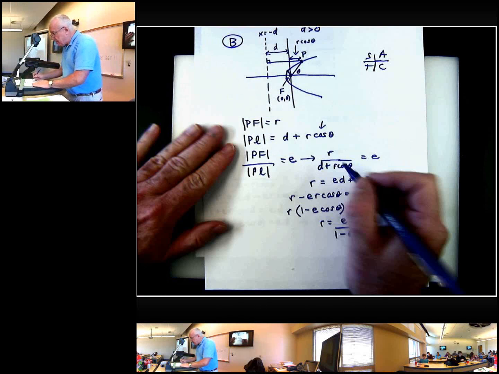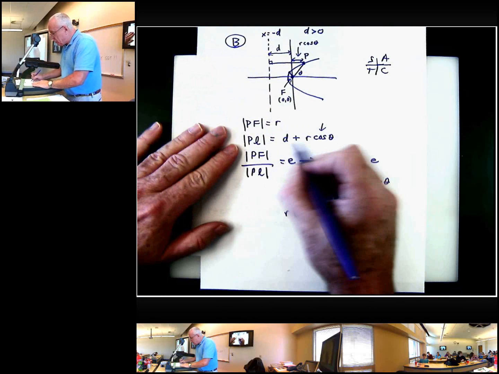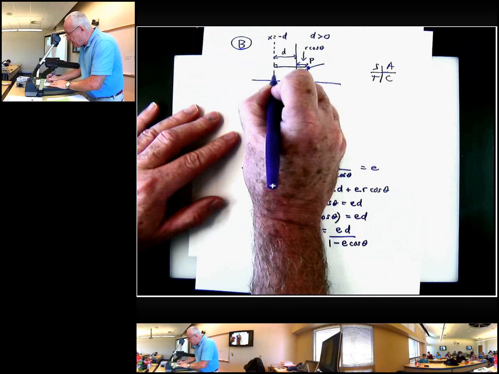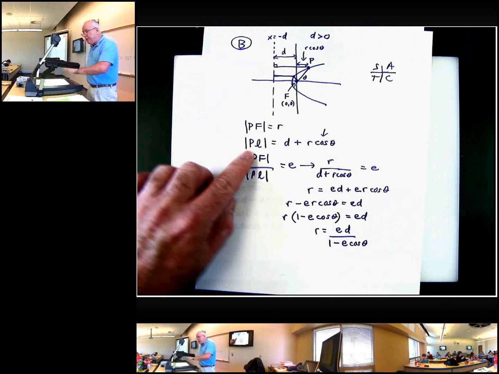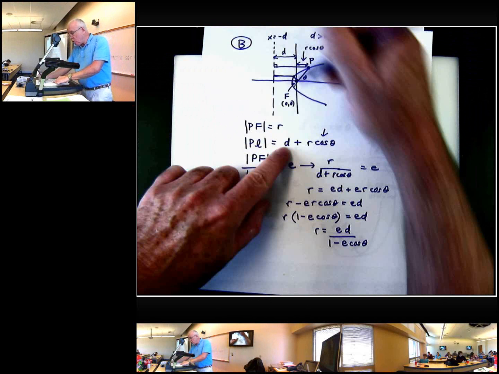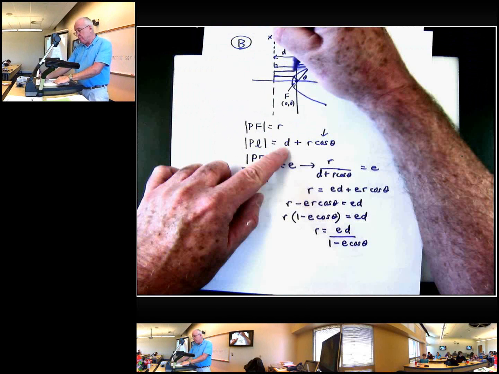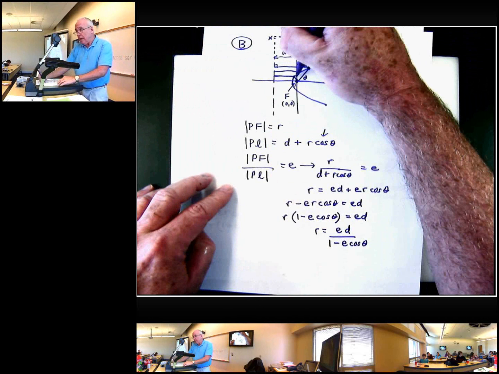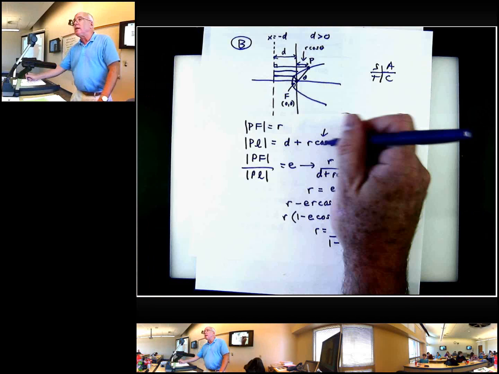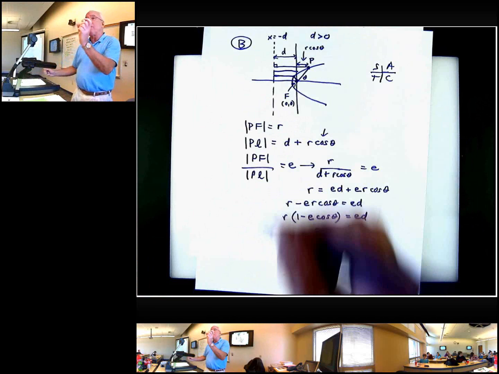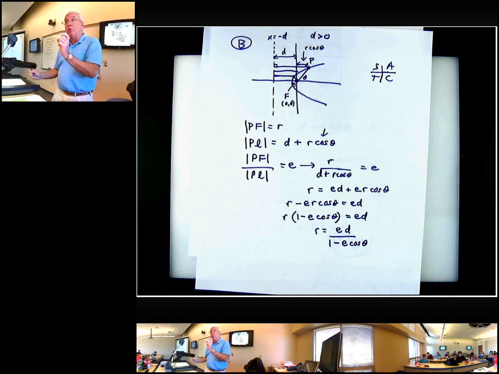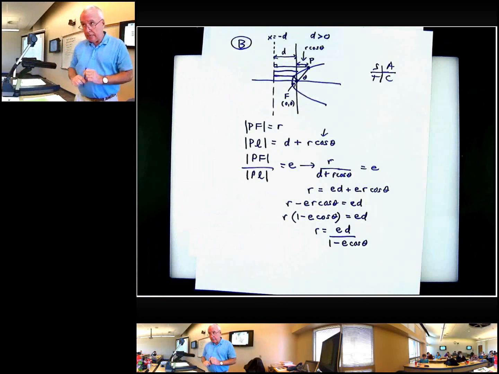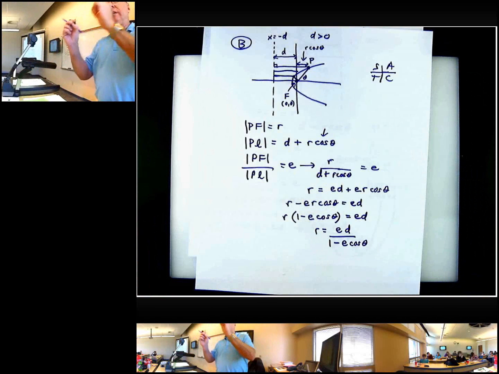What we're going to end up getting is that the distance of PL is going to be the whole distance D minus the x component right here. And because the cosine will be negative, that will subtract it off. So it still will work, because the cosine in that second quadrant is negative.